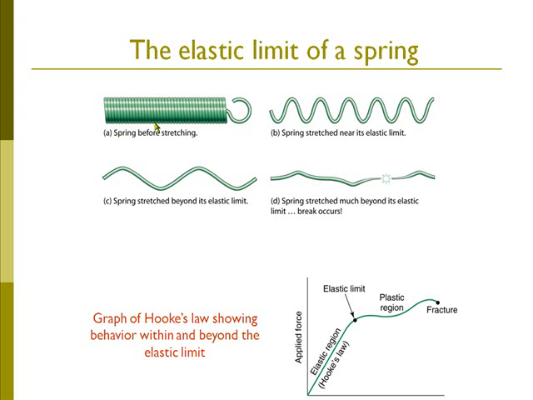In other words, if we consider a graph of Hooke's law, where the applied force is on the vertical and the displacement is along the horizontal, we can see that Hooke's law is valid up to the elastic limit, beyond which the spring will no longer be able to restore back to its original shape.